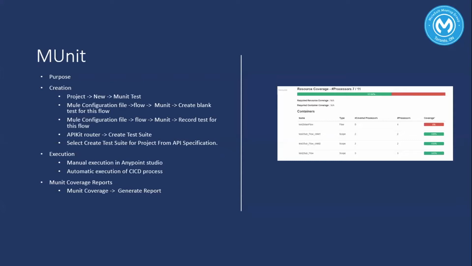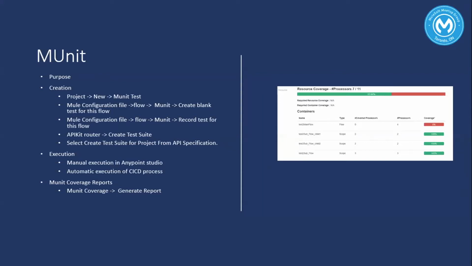The main purpose of MUnit is that Anypoint Studio provides an application testing framework to automate the testing of MuleSoft applications. It is fully integrated with Maven, and you can use Maven or Surefire for continuous deployment.